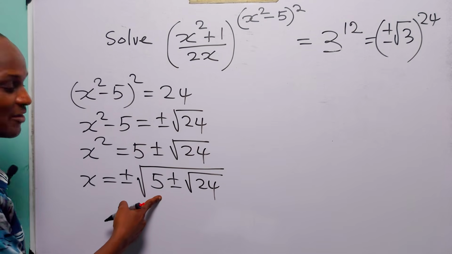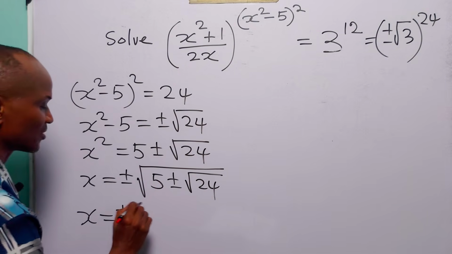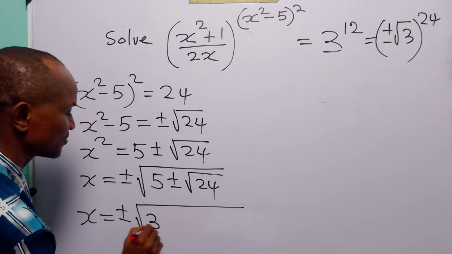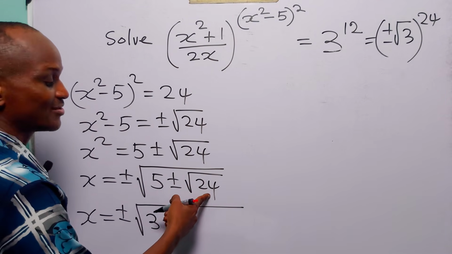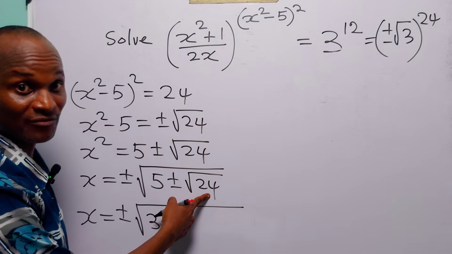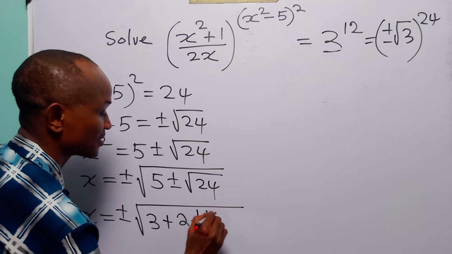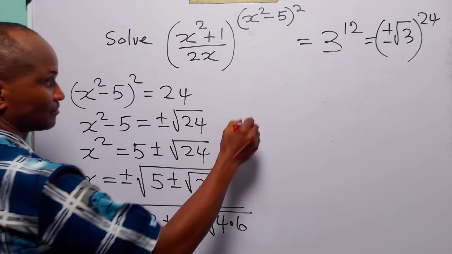Now, we can further simplify this. We have that x is equal to plus or minus root of 5, which can be broken down into 3 plus 2. And of course, you know that there is a square inside 24, that is 4. So this is plus or minus root 4 times 6.